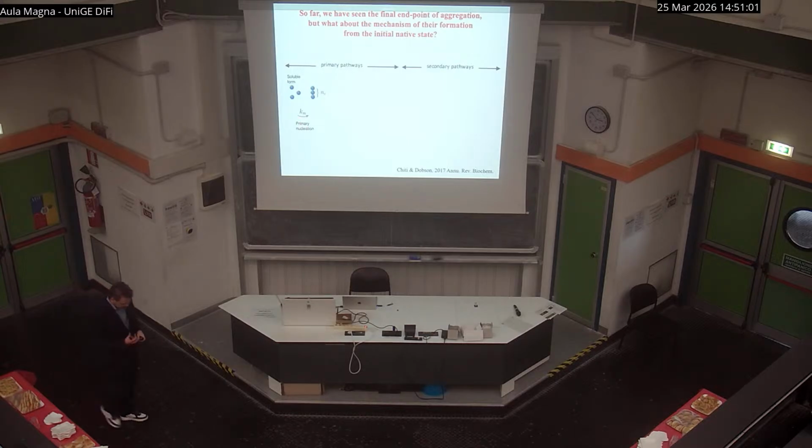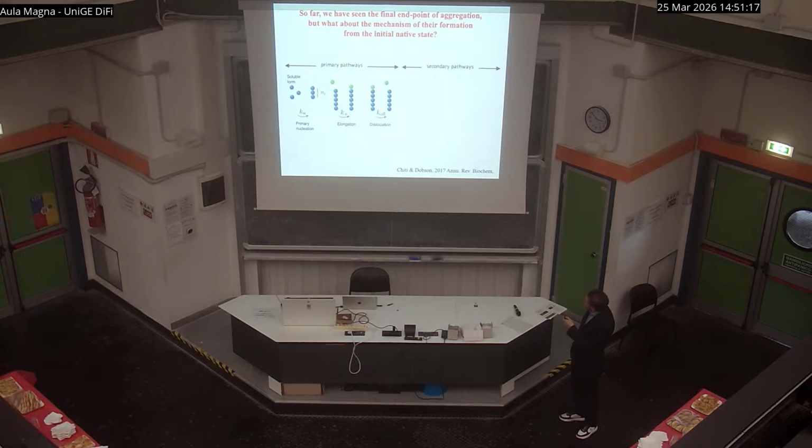So the nucleus is an unstable state, but is competent for fibril elongation. As we have a nucleus, then we have elongation. So monomers add on the end of a growing fibril. We can also have dissociation, of course, which is the opposite process.